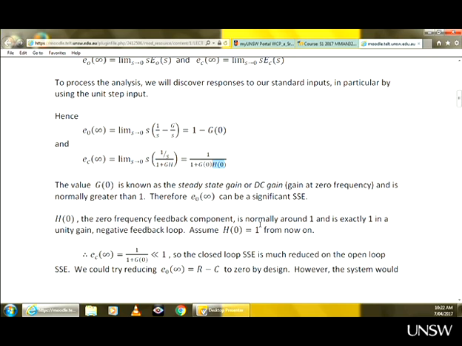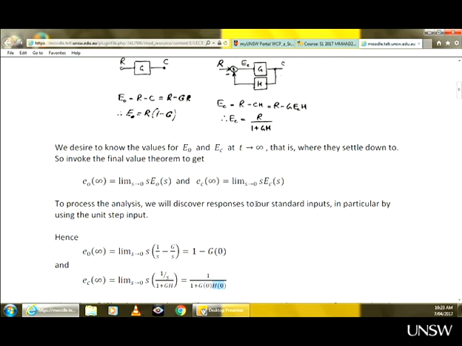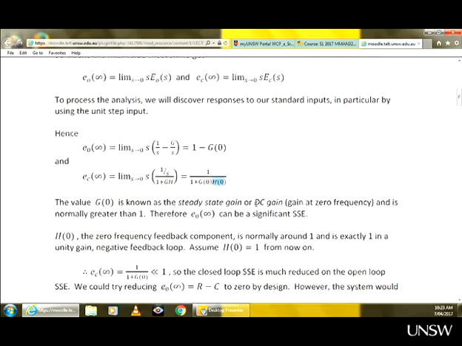When you have a plant, whether you have a compressor in the air conditioning or a car engine or whatever, DC gain is normally much greater than 1. If you have an energy source, DC gain will be huge in your system. So let's assume for this analysis it is simply greater than 1. G of 0 is greater than 1.